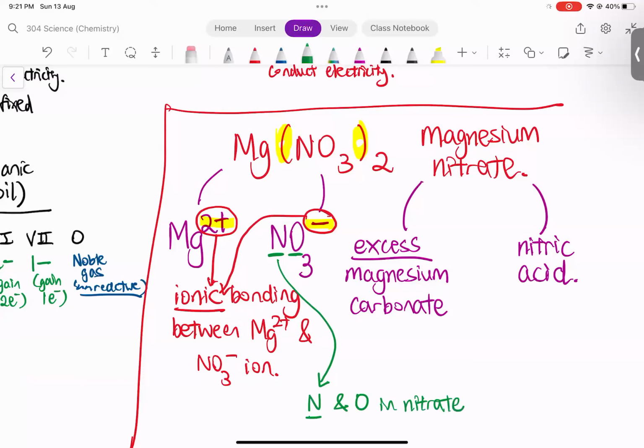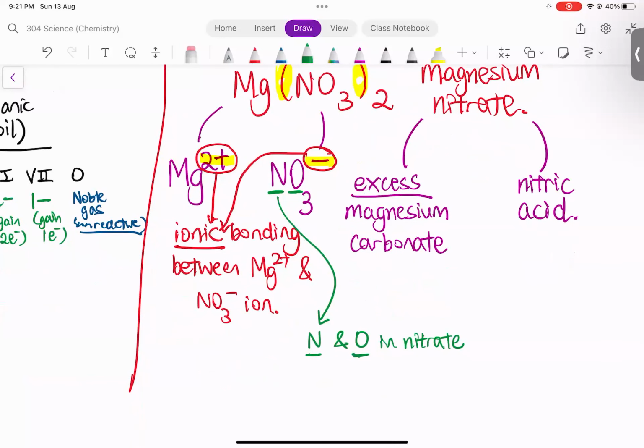Then we think about it. Nitrogen is a non-metal. Oxygen is also a non-metal. So clearly, the bonding between nitrogen and oxygen is not ionic. They are non-metals. Therefore, the bonding between N and O inside the nitrate is covalent.